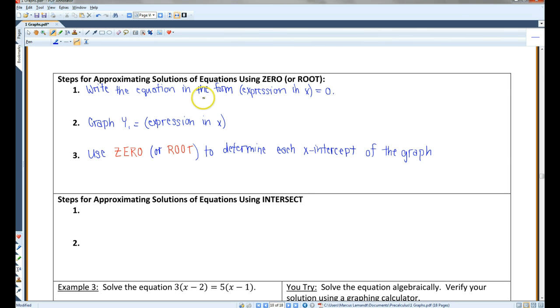So write the equation in the form some expression in x equals 0. Then you graph y1 equals your expression in x. Then you use 0. Depending on what calculator you use, some calculators have it under root. The TI-84s have it under zeros, however. Use 0 or root to determine each x-intercept of the graph.